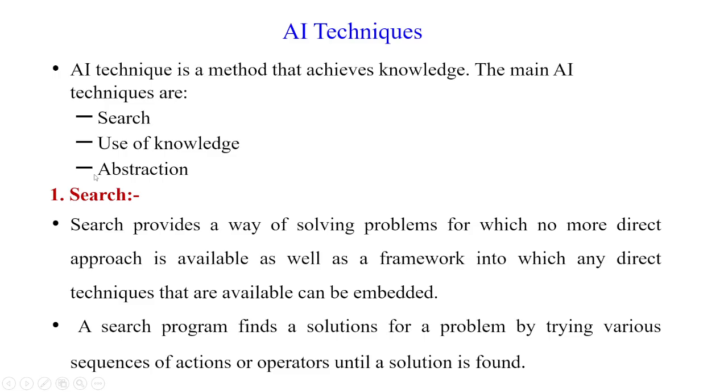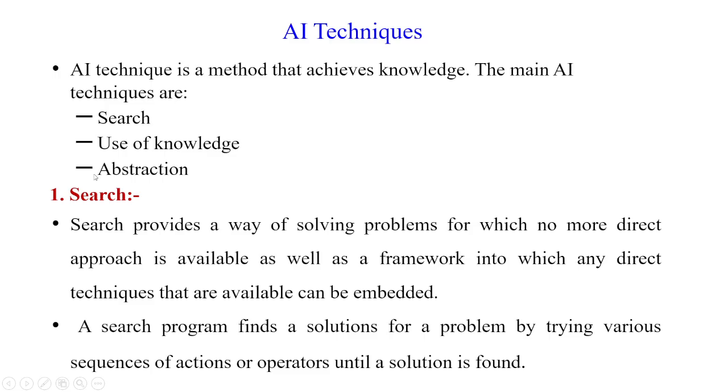This is how a search algorithm works. A search algorithm tries various sequences of actions, or operators, until it finds a solution. Operators are the moves that you take. The search algorithm tries different combinations until you reach the goal.